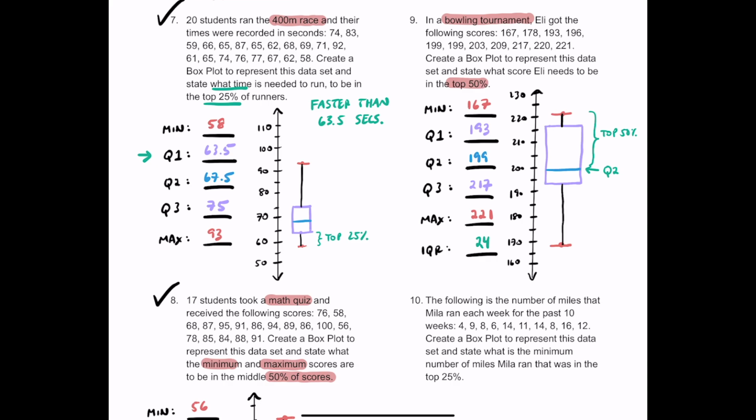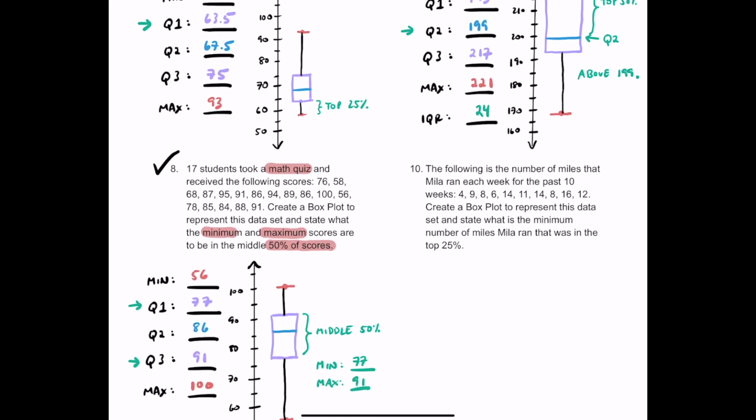So to be in the top 50%, he needs to be above this 199. If he scores above 199, 199 represents what you'd have to be above to be in the best 50%. So better than half of his other scores. There's number 9.